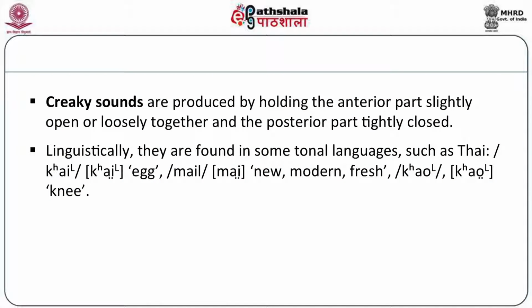A creaky sound is produced by holding the anterior part slightly open or loosely together and the posterior part tightly closed. Creaky sounds are symbolized with the script given here on the screen. The creaky sounds are produced with the anterior part slightly open and the posterior part of the vocal cords closed slightly. For non-linguistic purposes, creaky sounds are produced often.